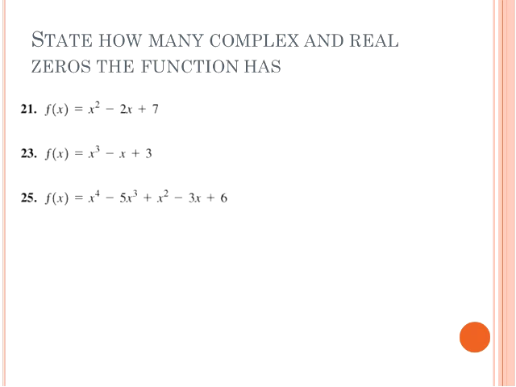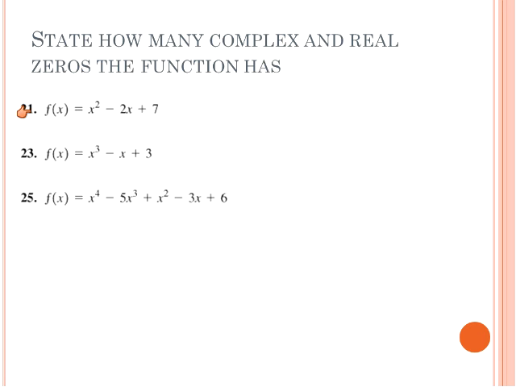Real fast, we'll end today with how many complex and real zeros the function has. We will be graphing to test these out. So let's start, first of all, in 21 here, how many zeros does that polynomial have? It's got 2.